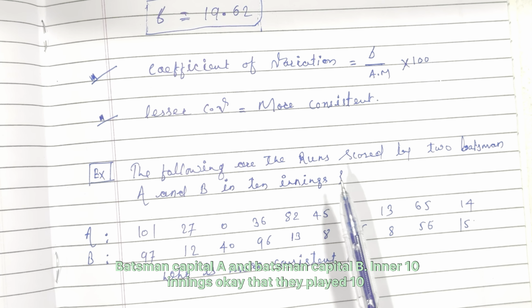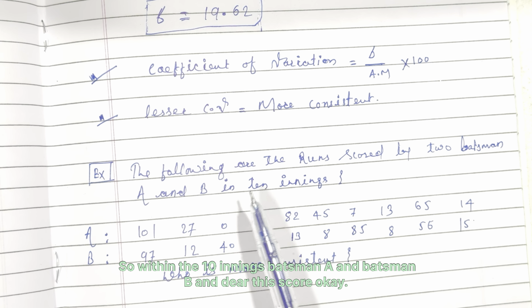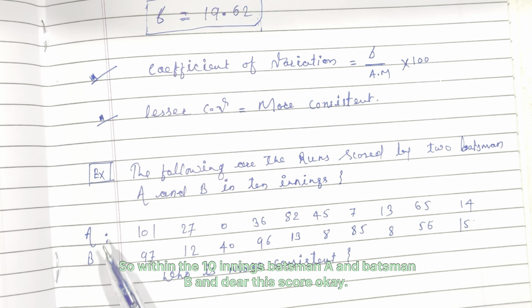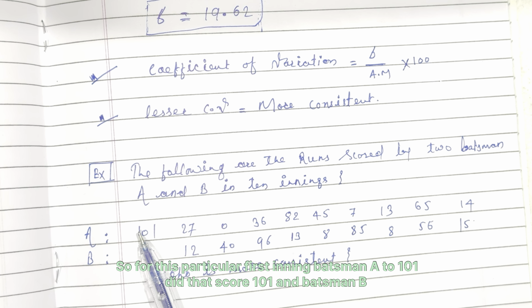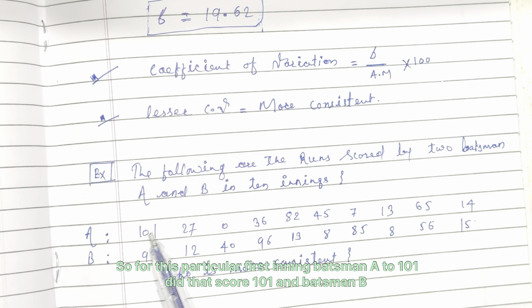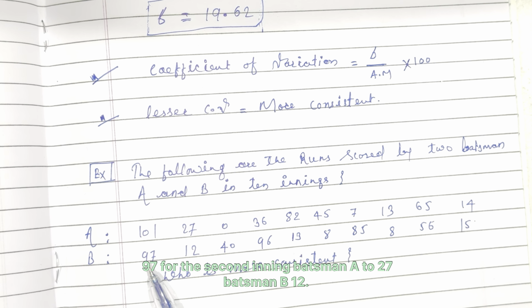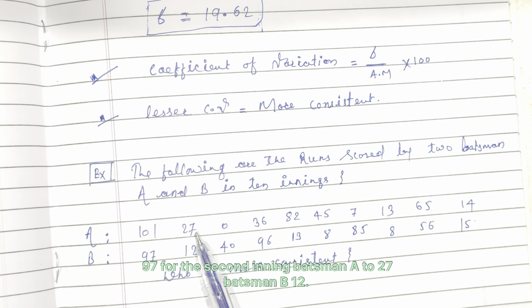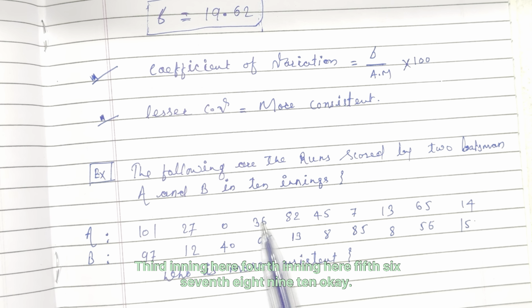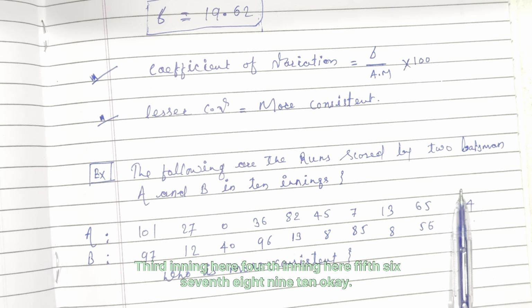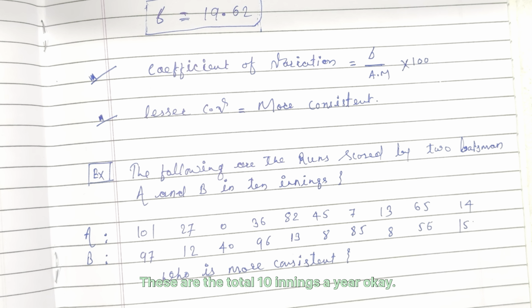Within the 10 innings, batsman A and batsman B made these scores. For the first inning, batsman A scored 101 and batsman B 97. For the second inning, batsman A 27, batsman B 12. Third inning here, fourth inning here, fifth, sixth, seventh, eighth, ninth, 10. These are the total 10 innings given here.